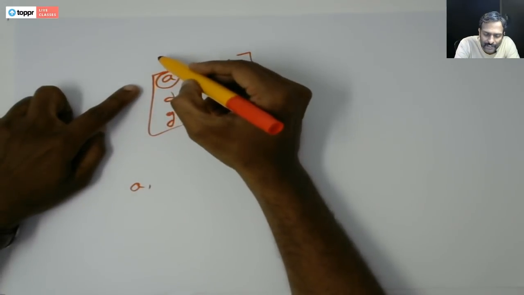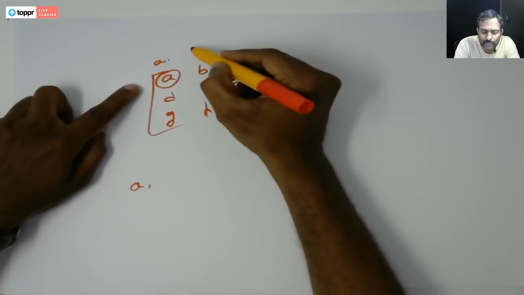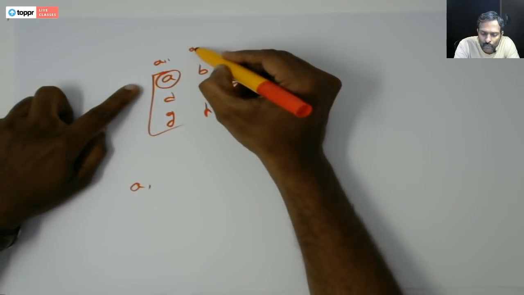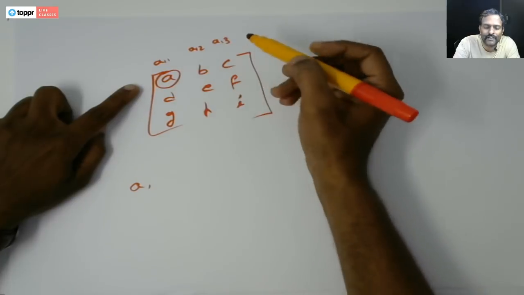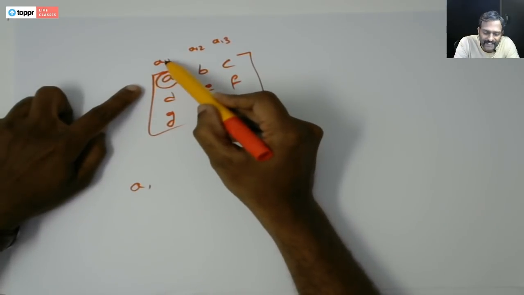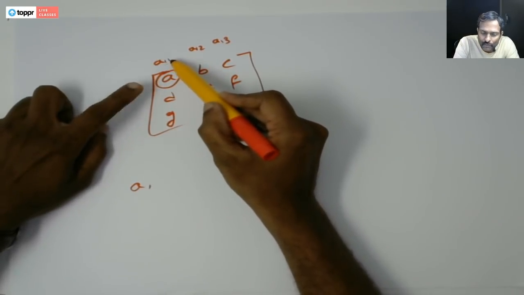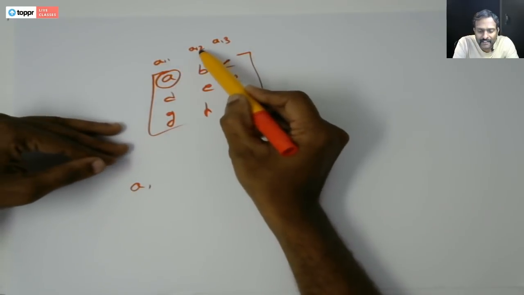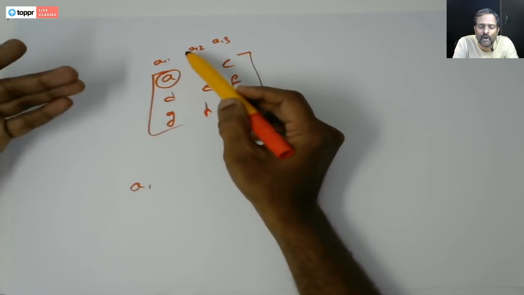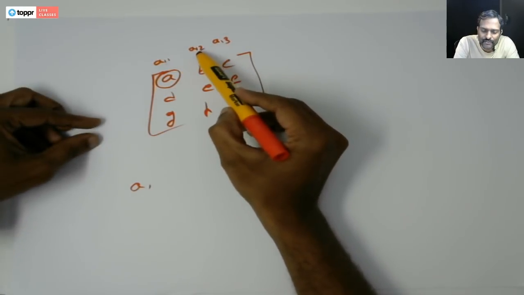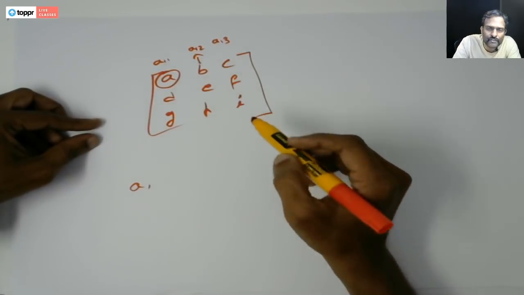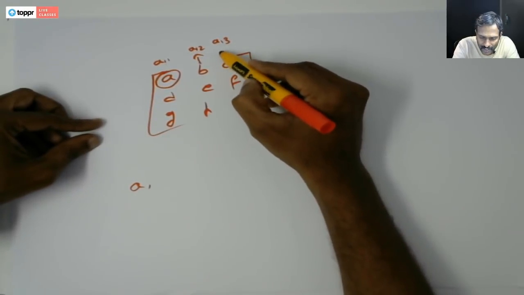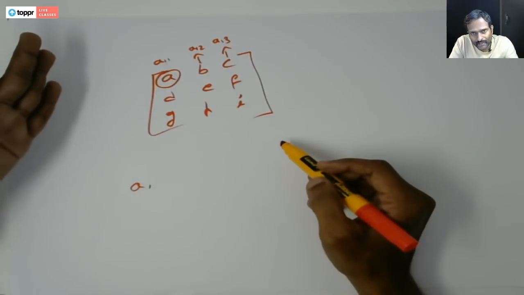We generally name it A11. This one is called A12, and A13. The first number specifies the row in which it is, and the next number specifies the column. This is the element in the first row and first column, this is the element in the first row and second column, and this is the element in the first row and third column.